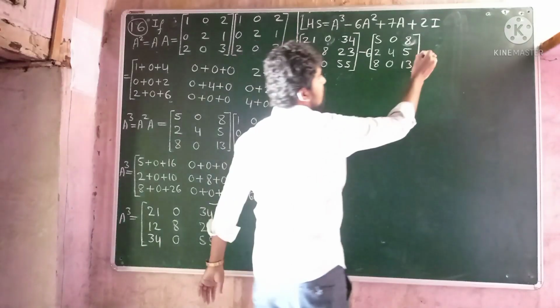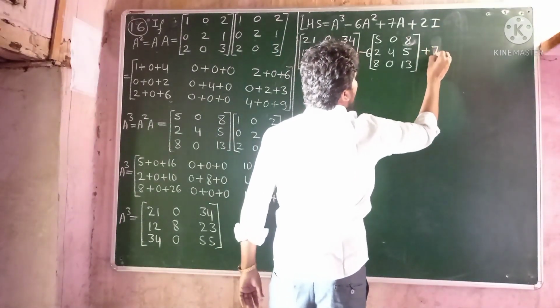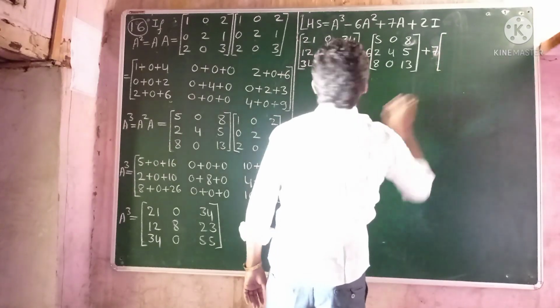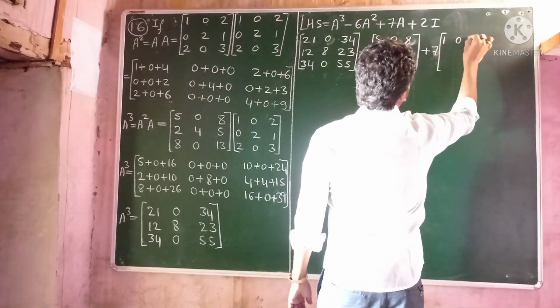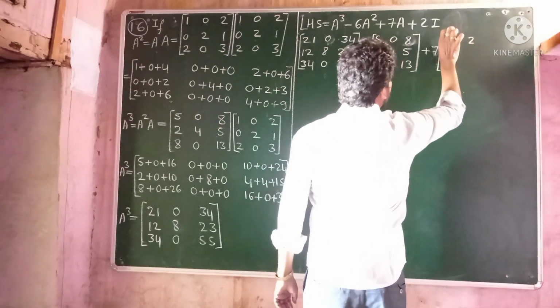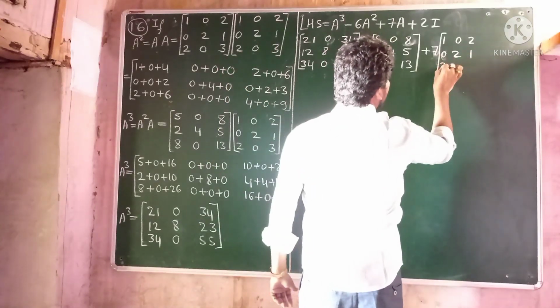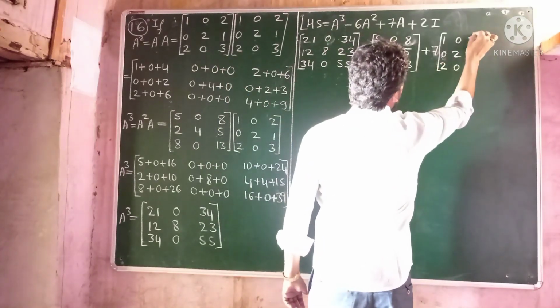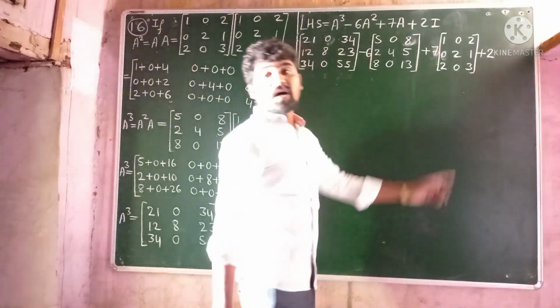Plus 7 into A matrix. The A matrix is 1, 0, 2, 0, 2, 1, 2, 0, 3. Plus 2 into I matrix.